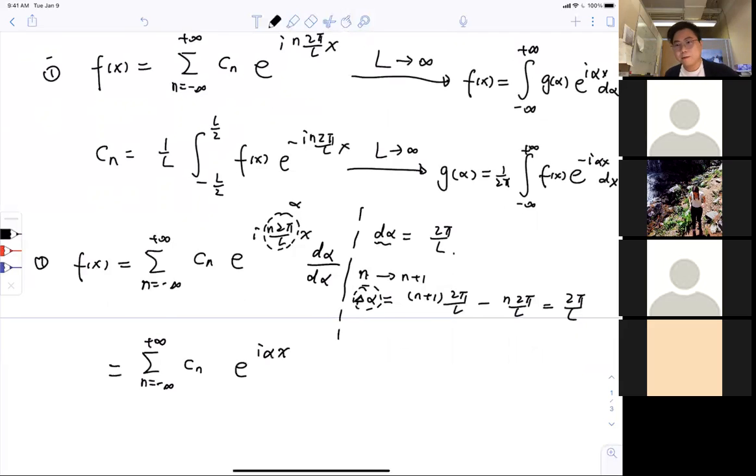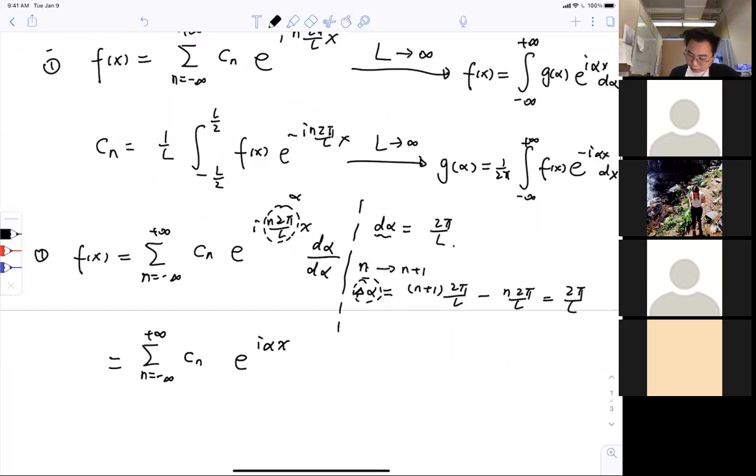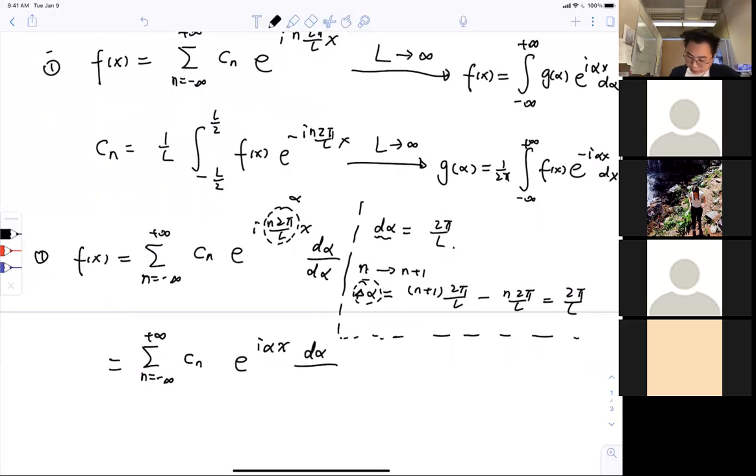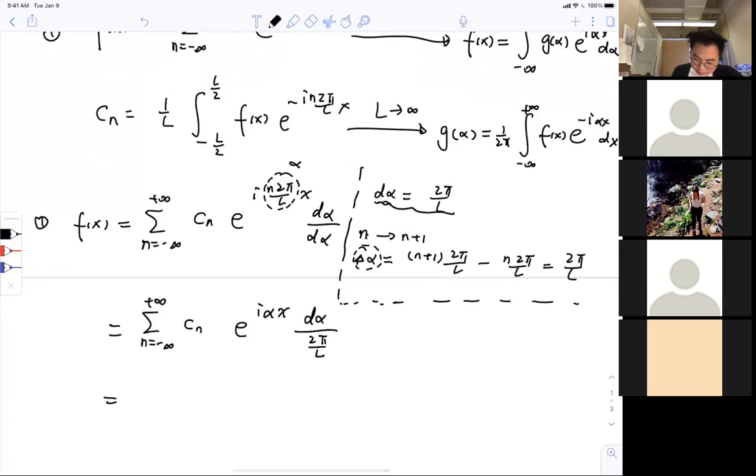By the way, feel free to stop me if you get confused, and I can explain more. Otherwise, I just assume you understand what I wrote down here. And the alpha is 2 pi over L.